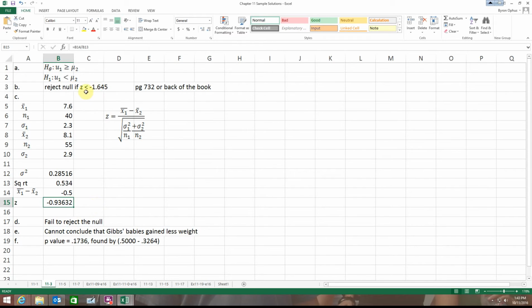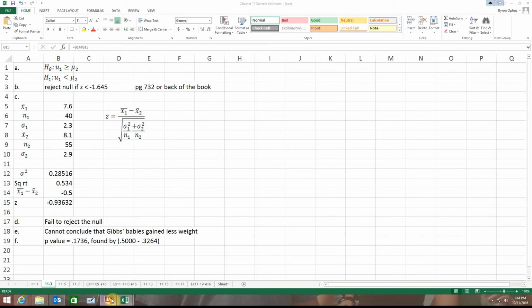Well, that's not less than, that's greater than minus 1.645. So I fail to reject the null, because the z I calculated is greater than the critical value. So I cannot conclude that Gibbs babies gained less weight.